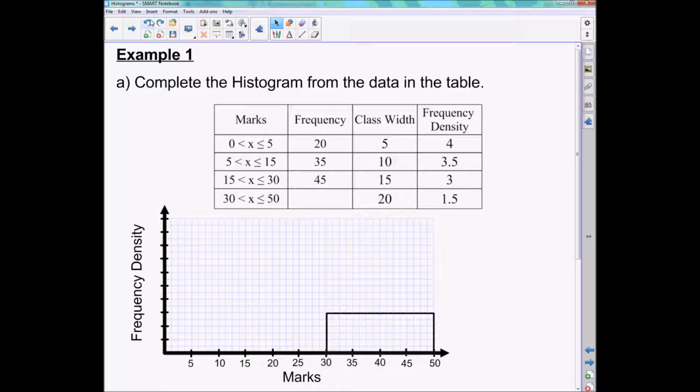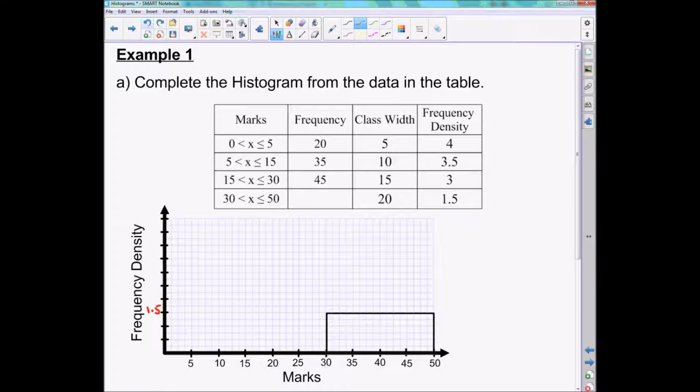Usually in these histogram questions, they get you to choose the scale that you're going to use for the frequency density yourself. In this case, we're sort of forced into our scale because they've given you already one bar done for you, which is the last one between 30 and 50. We know that this has got a frequency density of 1.5, so I know I need 1.5 sitting here on my scale.